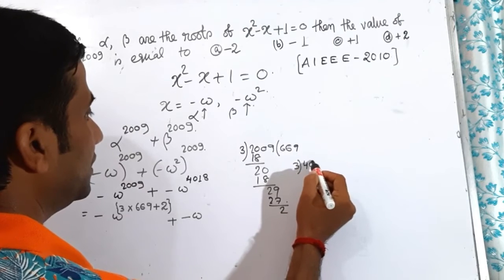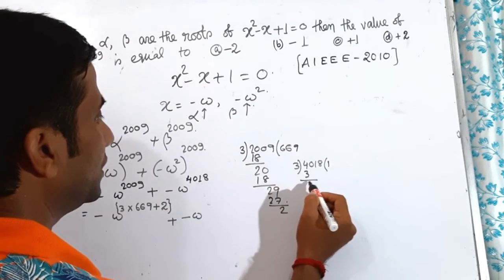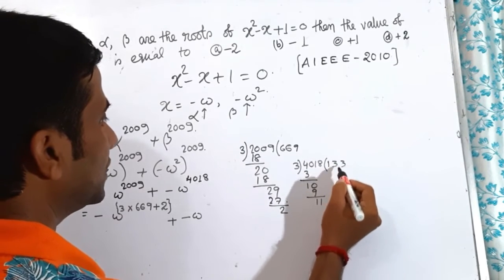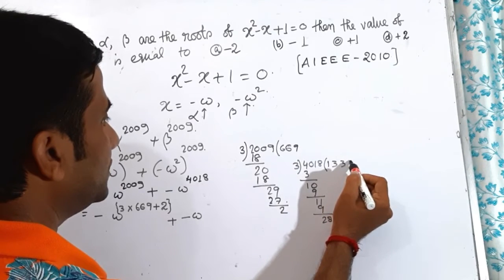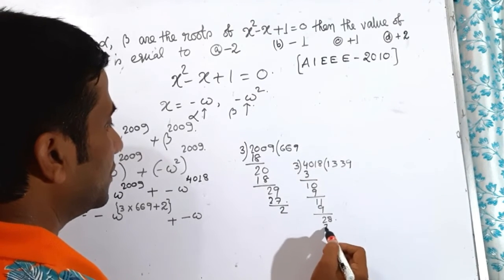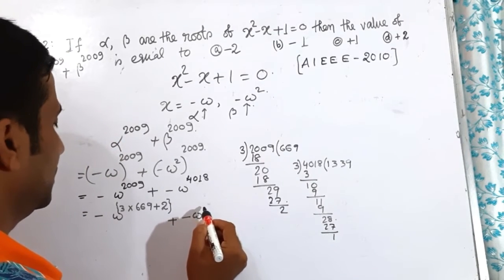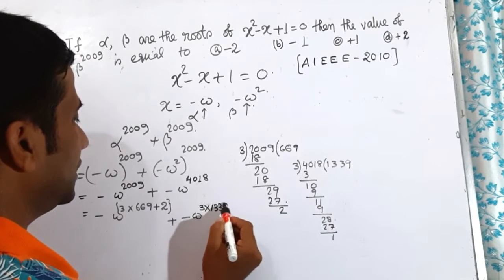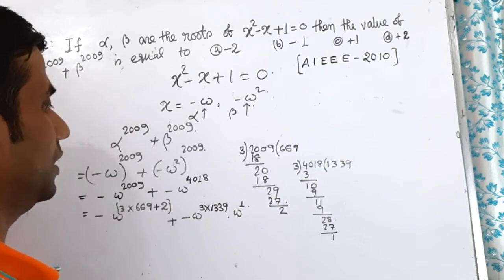After multiplying this by 3, we get 3 3s are 9, 2 8, 3 9s are 27. That means 1. Then this becomes 3 into 1339 into omega to the power 1.